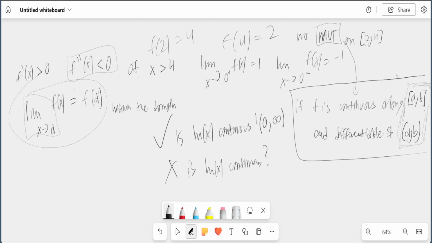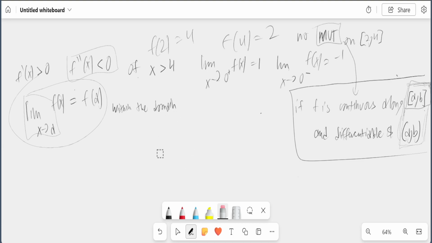And then, okay, let's go back to this. When I'm talking about continuity, I'm using closed brackets. So why am I using open brackets here? The reason for that is if I write out the full definition of MVT. This also goes for Rolle's theorem, because Rolle's is just MVT but more specific, right?